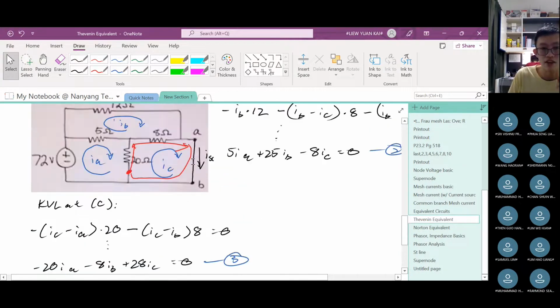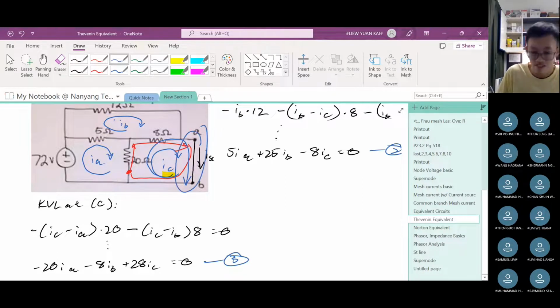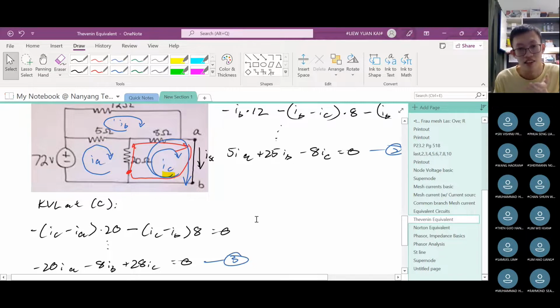We want to find the short circuit current. It is actually IC, right? The current we want is the current through this, and IC is going through that branch, correct? I hope you all can see that. IC is going through this branch, and that is the branch we want, flowing through the wire between A and B, which is the short circuit current.